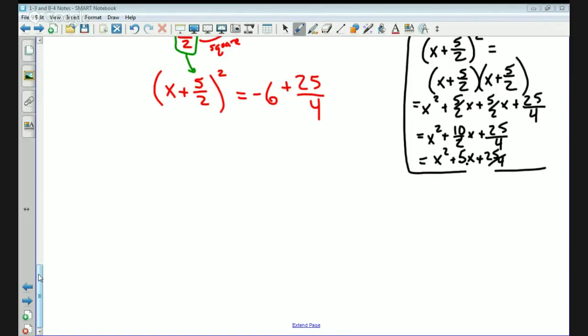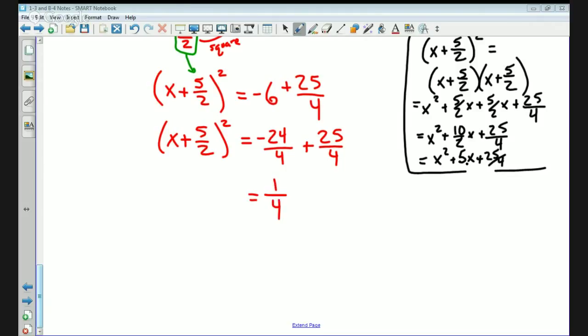Okay, so I'm going to go ahead and simplify the right side of this. And -6 can be adjusted to have a common denominator by writing it as -24/4, so that I can add it to 25/4. And this becomes just a positive 1/4 on the right side.